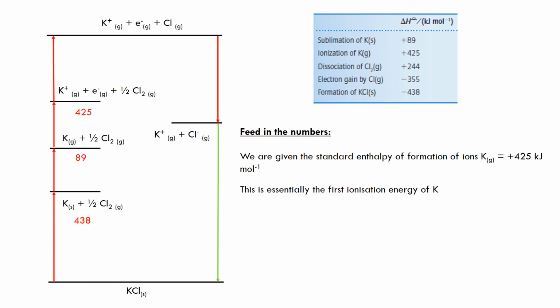We're also given the standard enthalpy formation of the ions here. So we are given the standard enthalpy of formation of gaseous potassium in the ionic state. So you can think about that as the first ionization energy, basically.